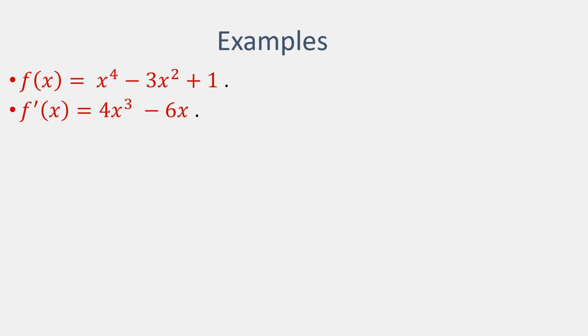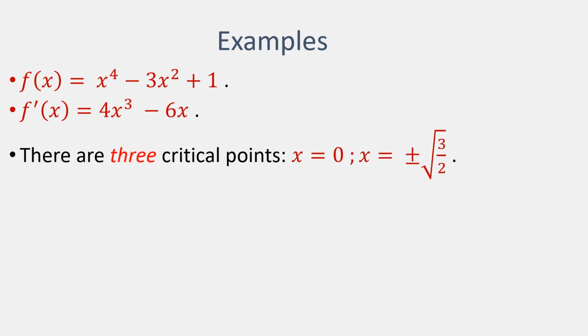The next step, we have to identify all of the input values for the first derivative function under which it becomes 0. And it turns out that this function has 3 critical points. There are 3 solutions, 3 values of x under which this becomes 0. And these are x equals 0.